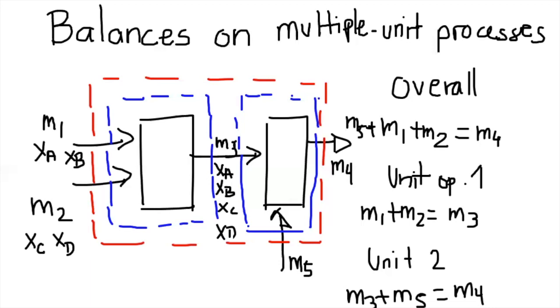We can do it also, the overall for each component, we can do it per unit operation, component by component. So the amount of material balances that we can generate on a multiple unit process depends on the amount of processes that we have, but also it depends on the amount of components that we have per process. So we can have a lot of material balances in these processes which has more than one unit operation.